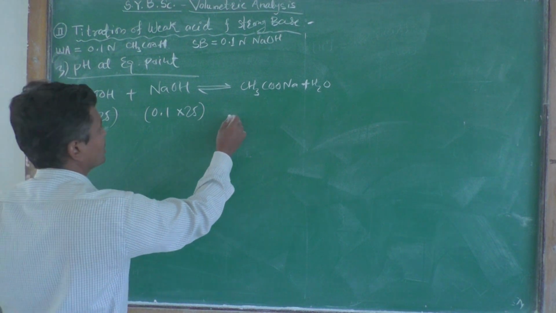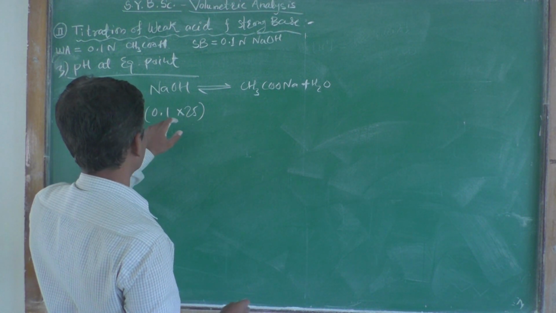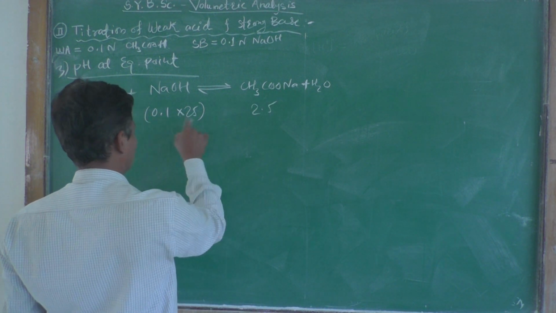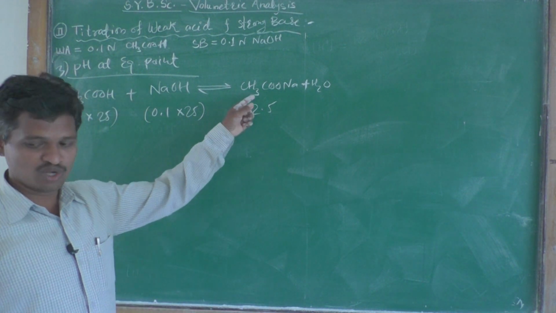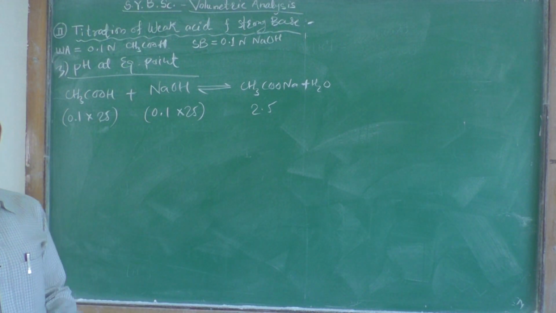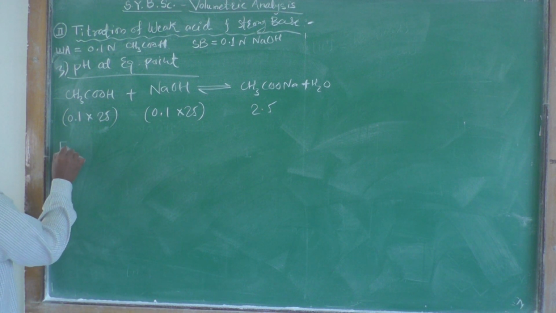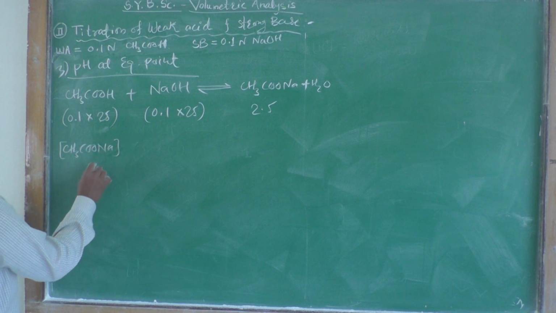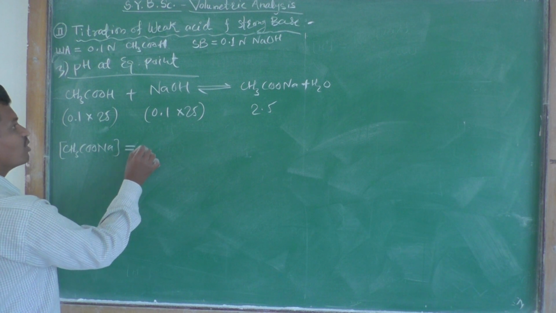So 0.1 into 25, again 0.1 into 25, it will form 2.5 millimoles of sodium acetate at the equivalence point.